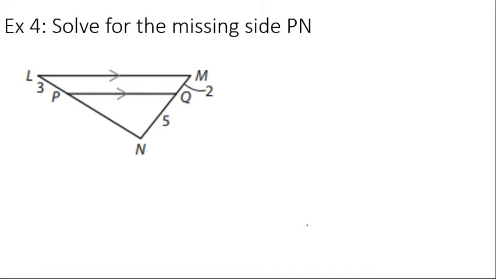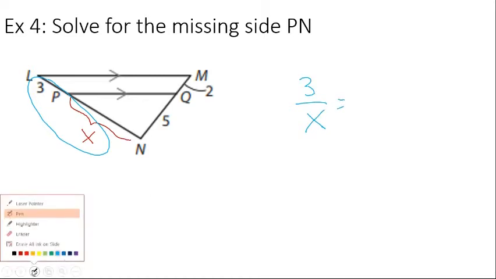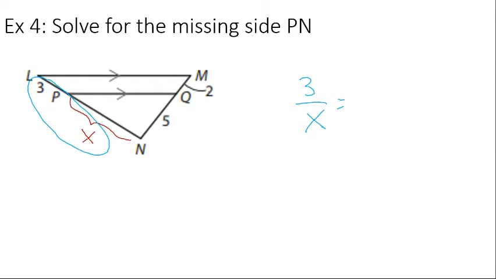Okay, example 4. I'm going to solve for the missing side length PN. So PN is right here. I'm going to call this X to solve for that. When I set up my proportion here, I'm going to put these two together. So think of it as 3 over X equals, and I put the other two together, 2 over 5.